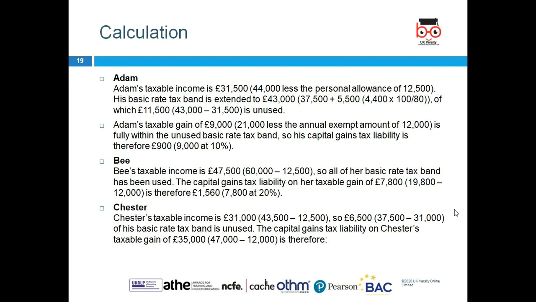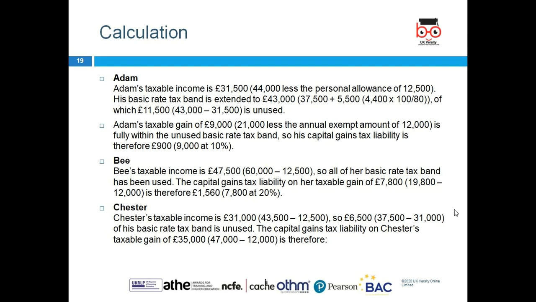So his tax band will be extended now from 37,500, the basic rate. Because up to 37,500 we have 20%. But now his limit will be extended because we included the pension. Because of the pension, his basic rate tax band is extended.